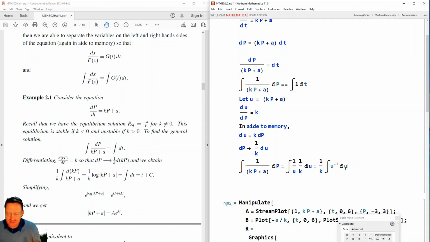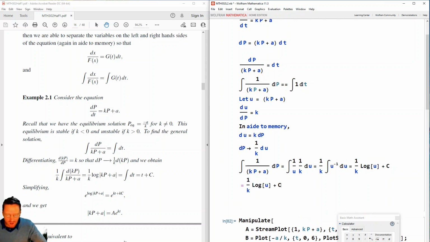So that tells us this one is different, and the actual integral is the natural logarithm of u. And now at this point we add a constant of integration, and now we can go ahead and replace the u with what it was, which was kp plus a.